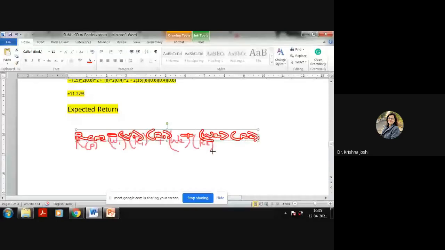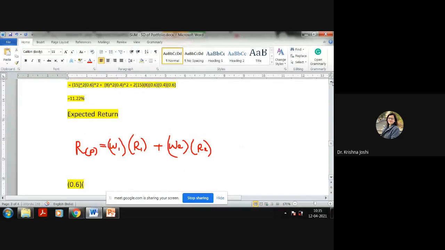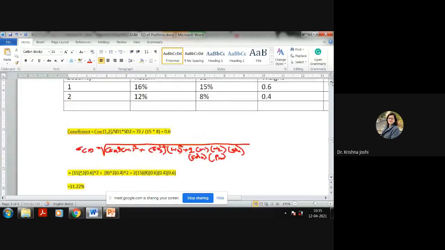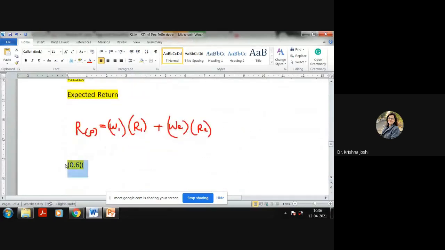Now, can anybody tell me, 0.6 into what is the expected return of security 1? 16%. And the weight is 0.6. So it is 0.6 into 16% plus the weight of the second, 0.4, into how many percent? 12%, right? 16 and 12.